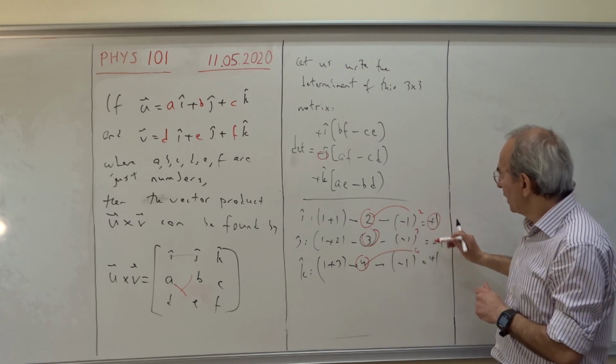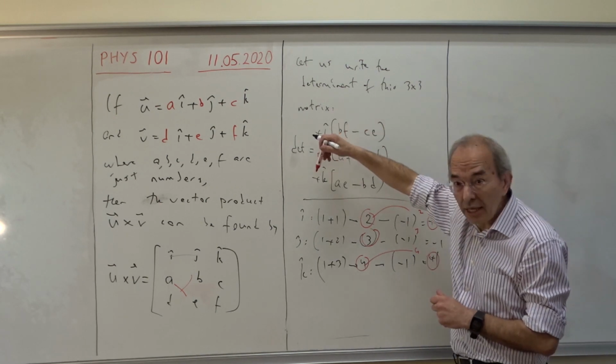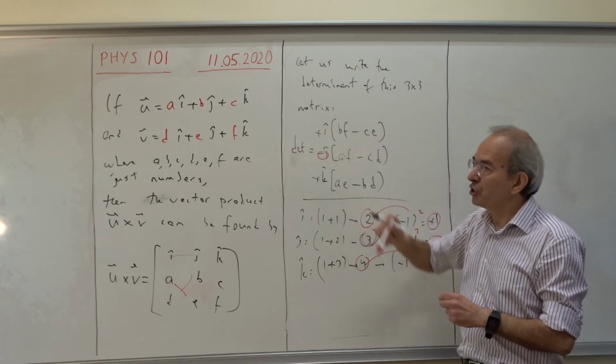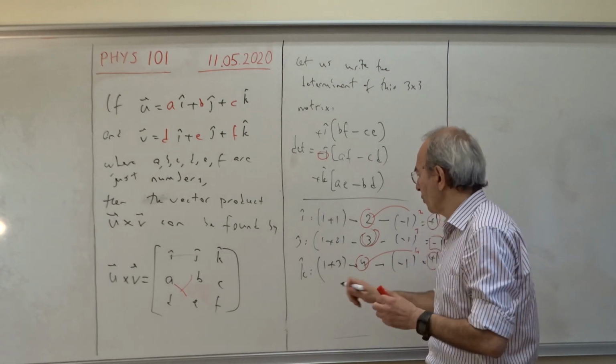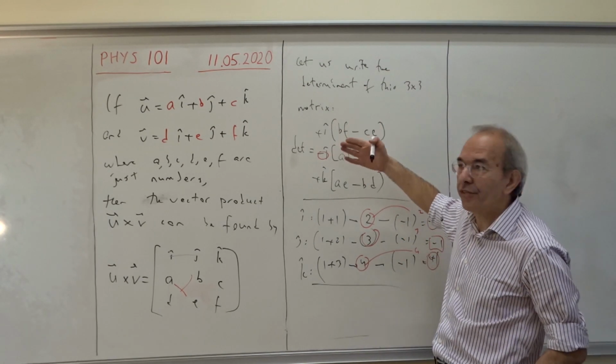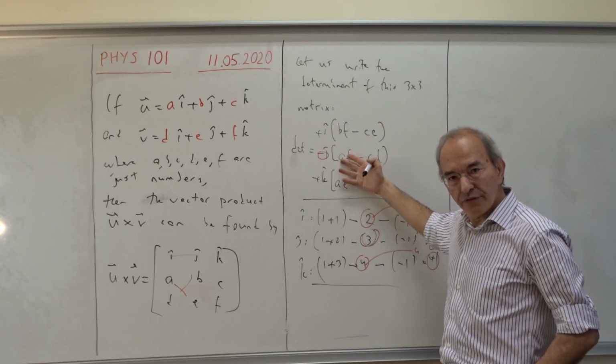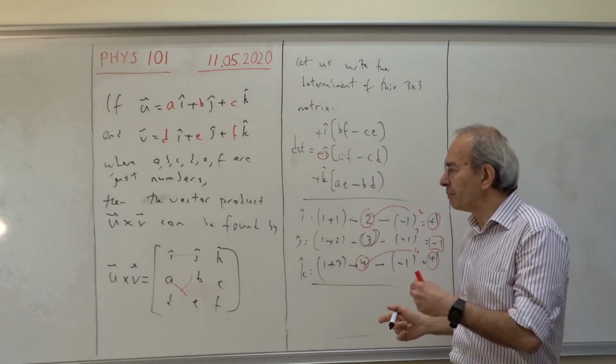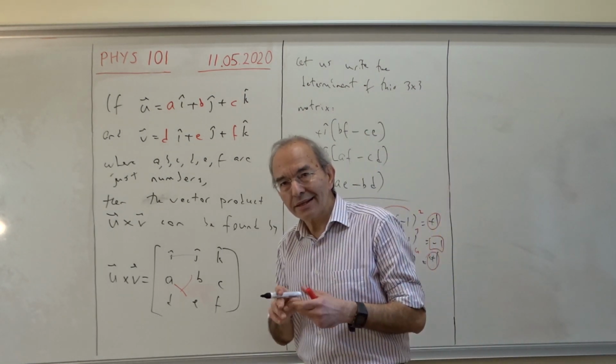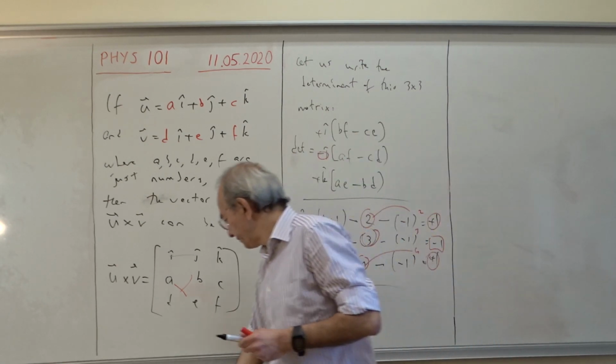So we have plus for i and k, but minus for j. That is the reason. Otherwise we are interested basically in the products of these terms. So let me now apply a numerical case and see the result.